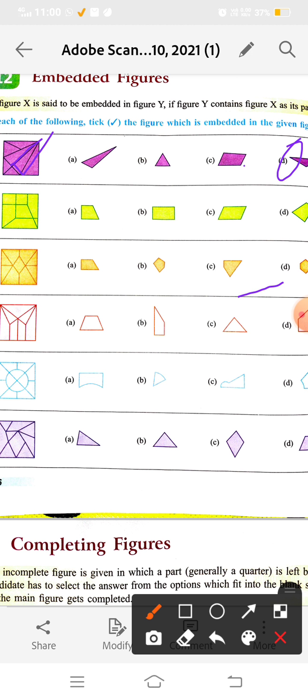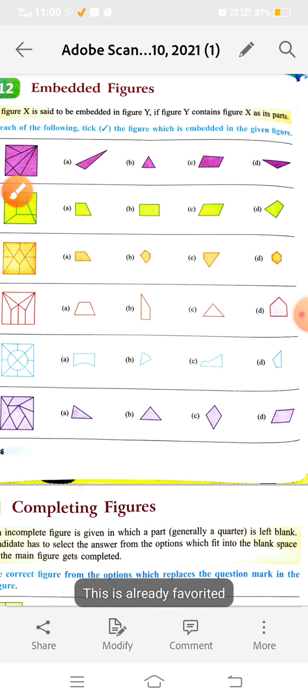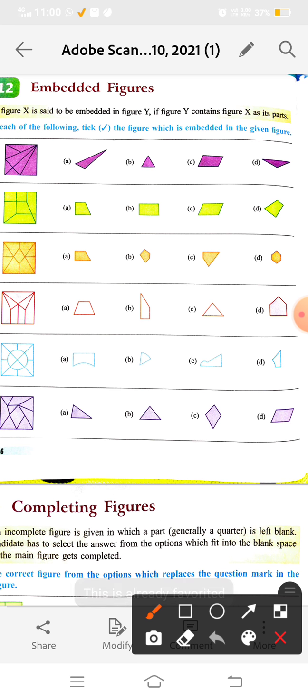Option D, tick on option D. This figure can be embedded. This can be fixed in figure Y. It means option D is a part of figure X which can be fixed in figure Y.